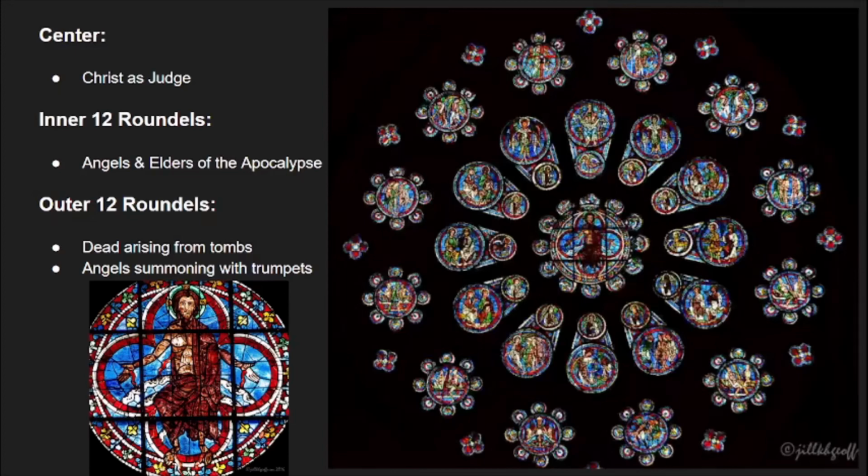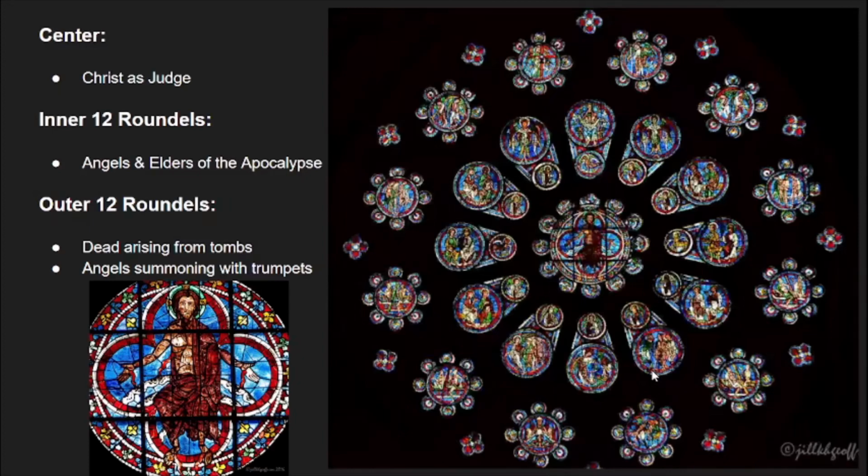And here it's the rose window. This dates from about 1215. So again, it's one of the older windows, and it's 12 meters in diameter. The Last Judgment is a very typical theme for west facades, and around him in these 12 roundels are the dead arising from the tombs, and there are angels summoning with the trumpets.